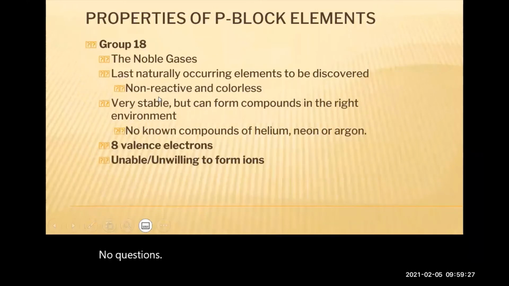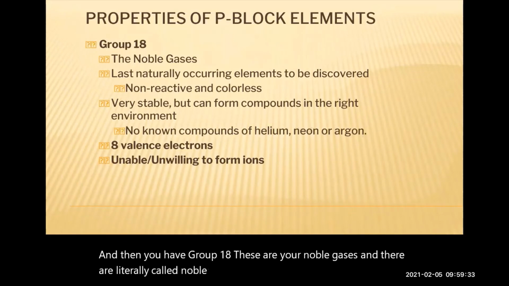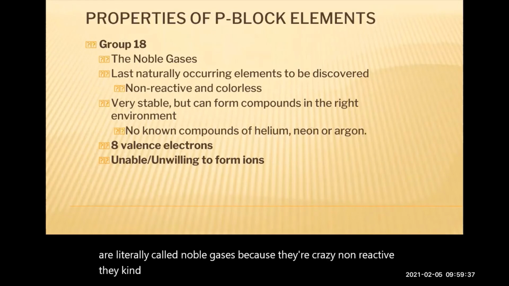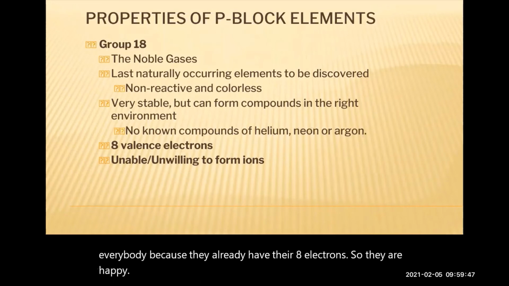And then you have group 18. These are your noble gases, and they're literally called noble gases because they're crazy non-reactive. They kind of are above everybody because they already have their 8 electrons, so they are happy. They're very stable.